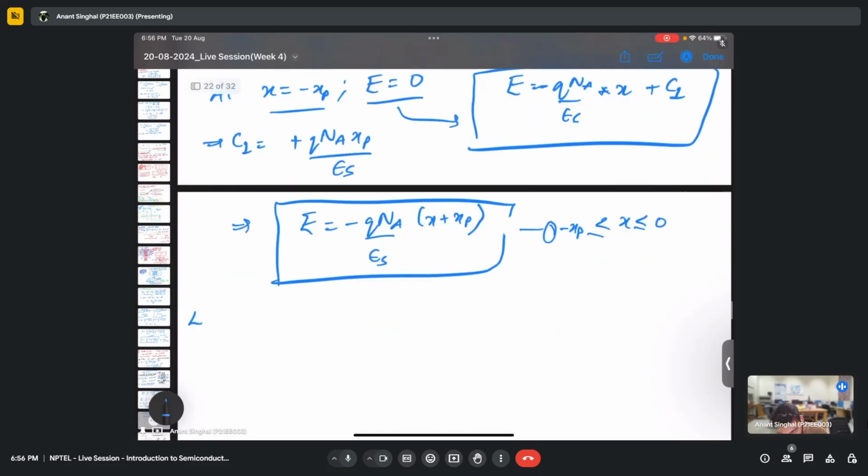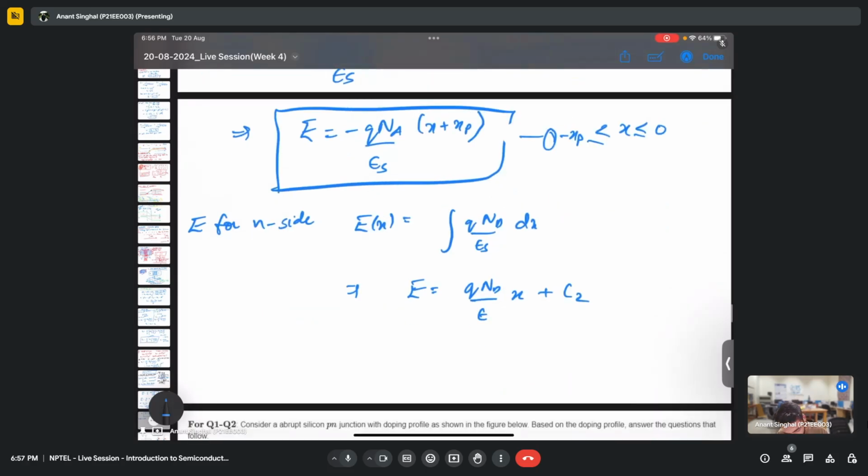Similarly, we'll calculate the electric field for the n side, in which we will have the electric field as the integration of qNd by epsilon times dx. That will give me qNd by epsilon into x plus c2. And similarly, we know that at x equals xn, we have E as 0.